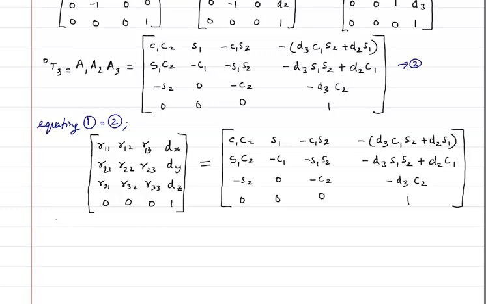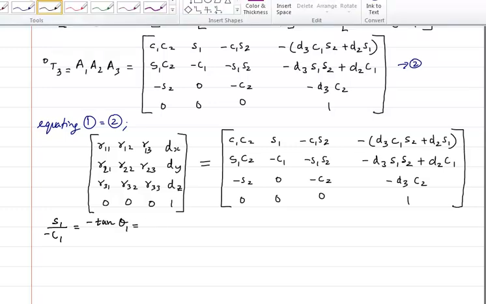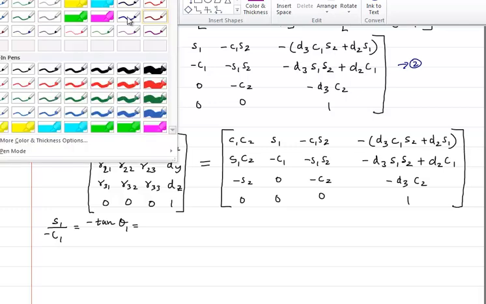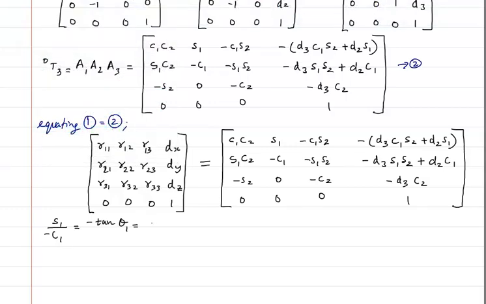I will write sine 1 by minus cos 1 is equal to minus tan theta 1, and if I take it from here, it is r12 divided by r22. So that is equal to r12 by r22.